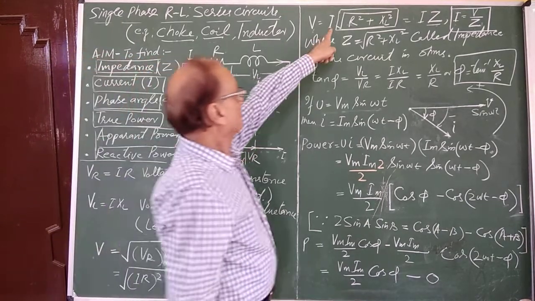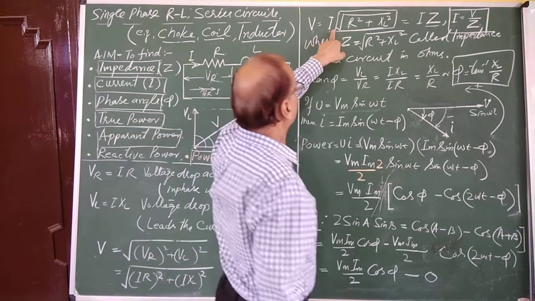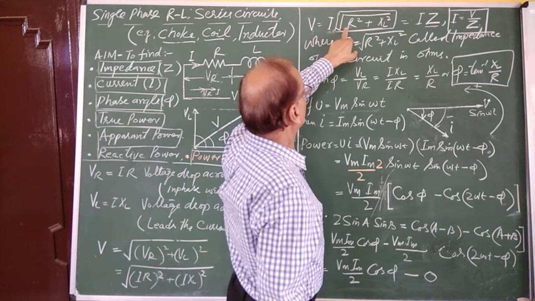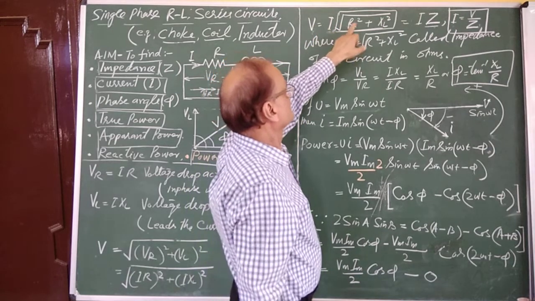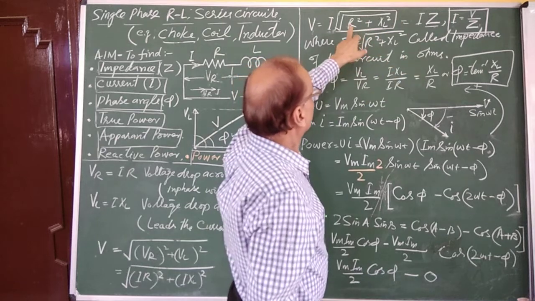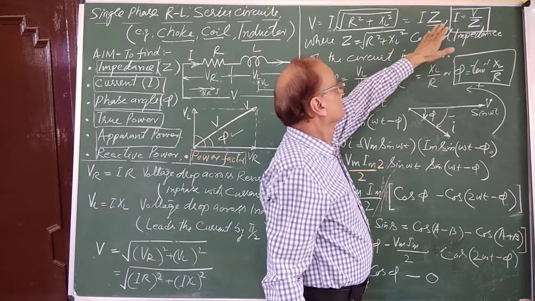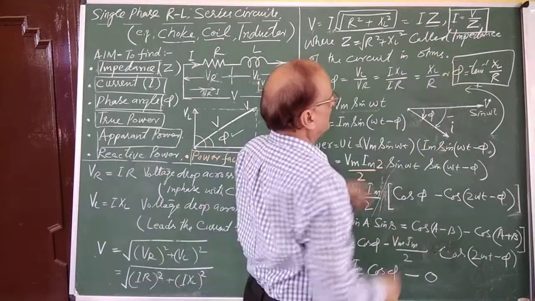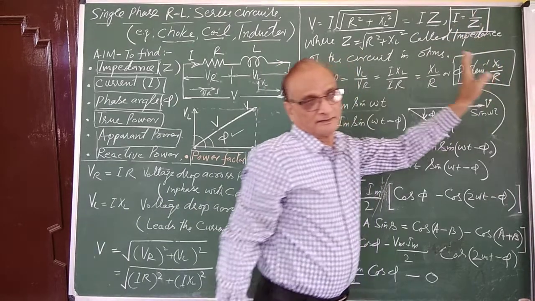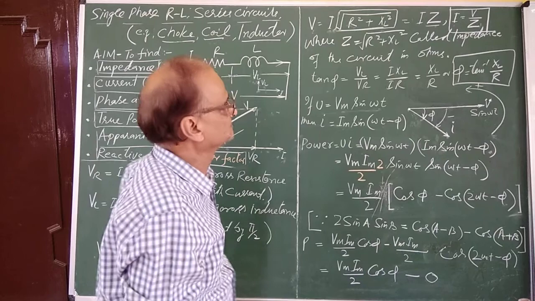Then take I common from this. We get V is equal to I times the square root of R square plus XL square. And this quantity, root of R square plus XL square, is called impedance Z. And I is equal to V by Z. I is equal to V by Z is the universal formula for current in AC.